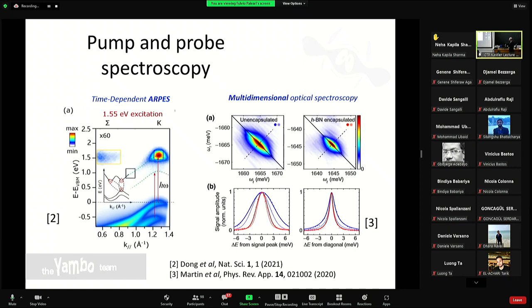Here they had an independent way to determine the position of the quasi-particle bandgap. Then they did this time-dependent ARPES, and they saw this very weird-looking signal below what should be, in their determination, the quasi-particle bandgap, and therefore they assign this to an electron-hole bound state. They say, okay, this is an exciton.